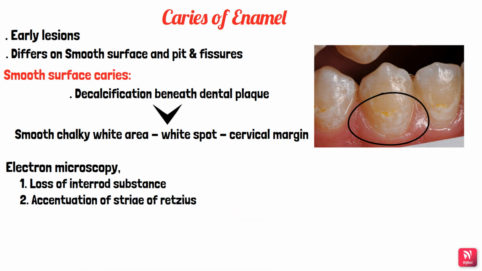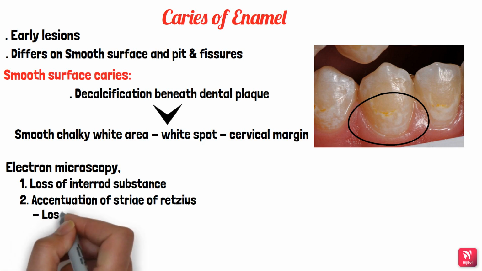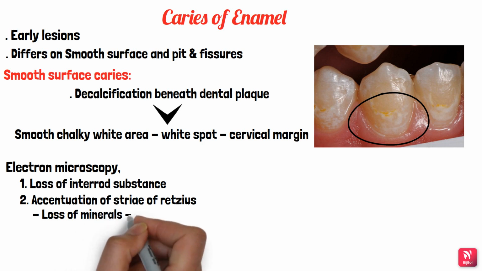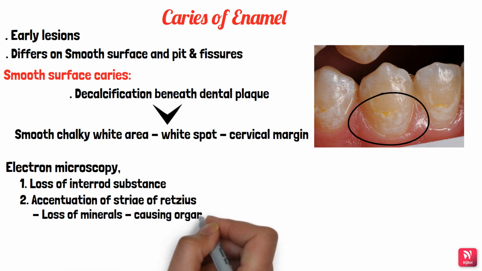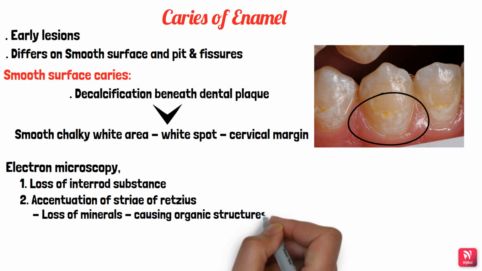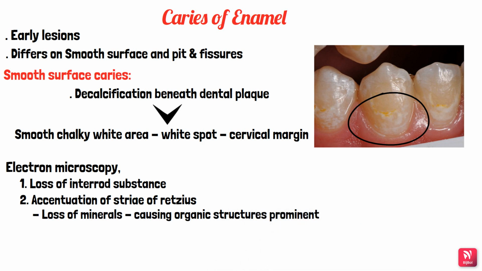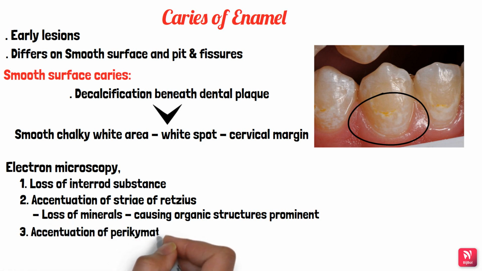As we know, the striae of Retzius is a type of hypocalcified structure, that means the mineral content is very low. In smooth surface caries, decalcification is occurring, so because of loss of minerals, the striae of Retzius start to get highlighted, and hence there is attenuation of the striae of Retzius. Along with these, there will be attenuation of perikymata also. These are the various ultramicroscopic changes seen in smooth surface caries.